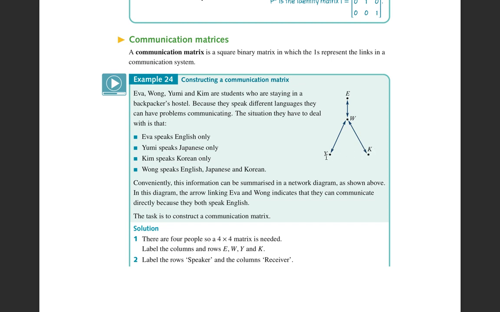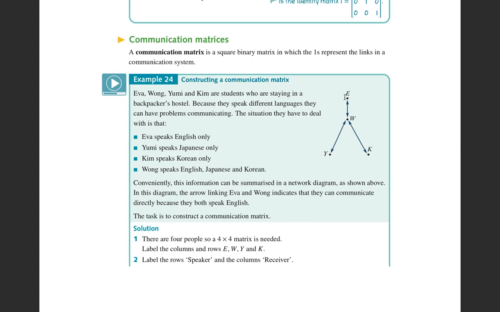So K, Y, and E don't have any edges linking each other because none of the three of them speak the same language as the other. But the W stands for Wong, who speaks all three languages, English, Japanese, and Korean. So W can link two ways to each of these three people. This is a perfect example of a communication network where W links all of the other three, but the other three can't link with each other.